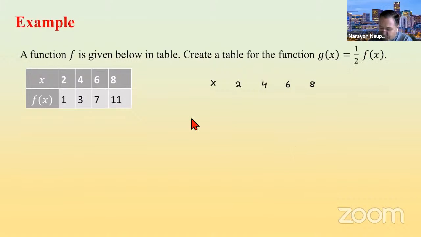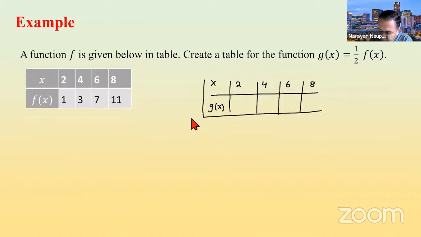So we write that as g(x). We make a table now. And we need to fill this table with the new values, which are half of the original y values.